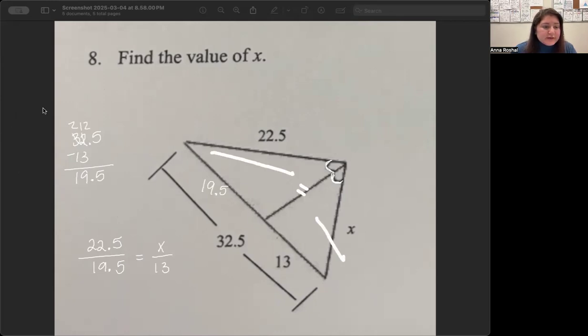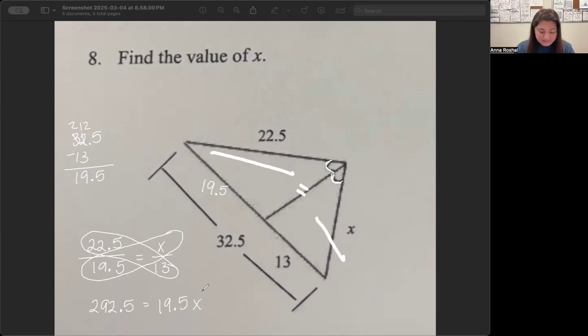So I can cross multiply, kind of like butterfly style multiplication. I'm going to do 13 times 22.5 on my calculator. If you don't have a calculator for this particular problem, you're not going to be able to solve this in a quick, efficient manner.